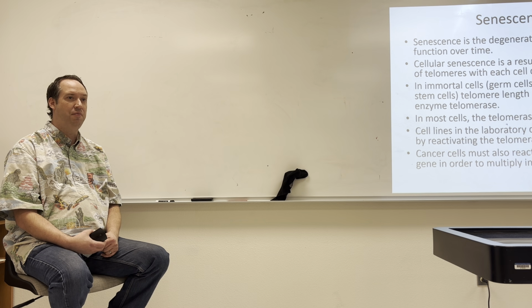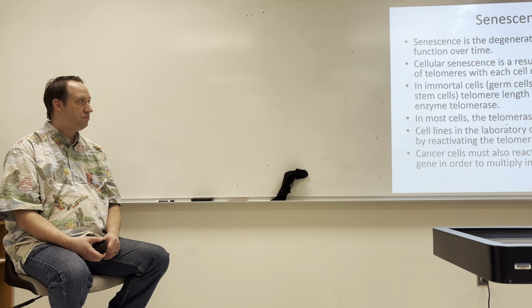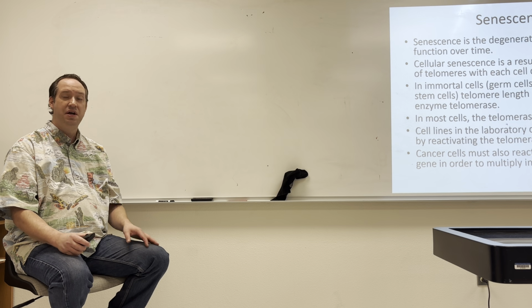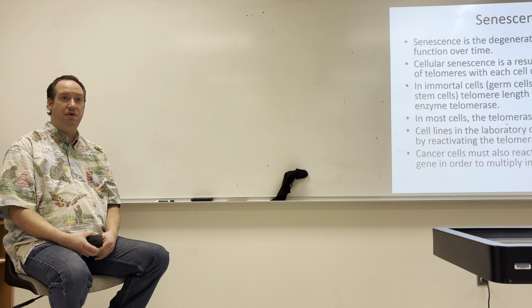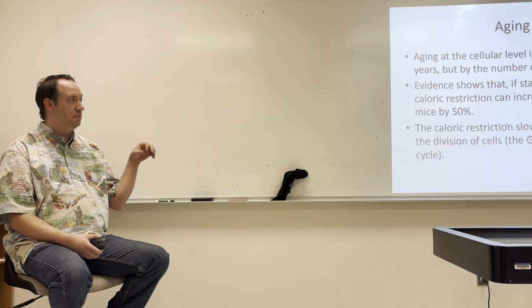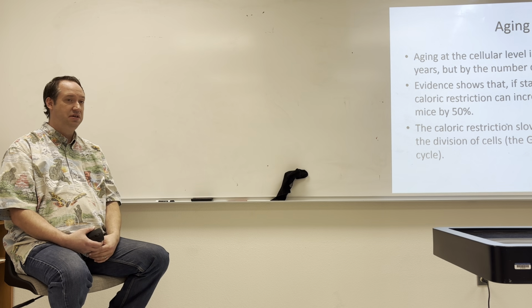When we do this in the lab, we make immortal cell lines by adding that gene back or reactivating that gene. But for other cells, as they replicate, they get shorter, and eventually they can't do that anymore because they've cut away all those telomeres. So at the cellular level, aging is how many times that cell divides.